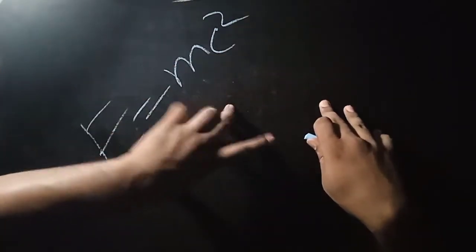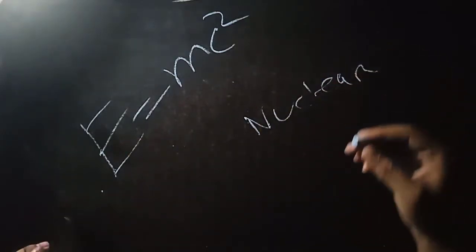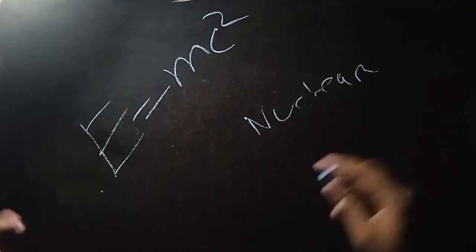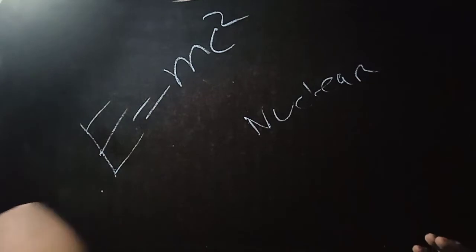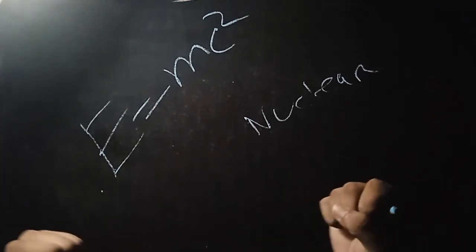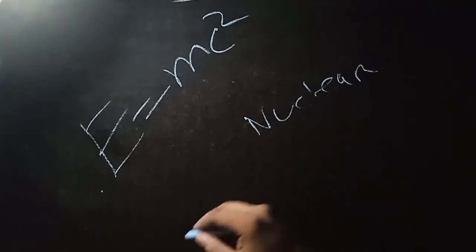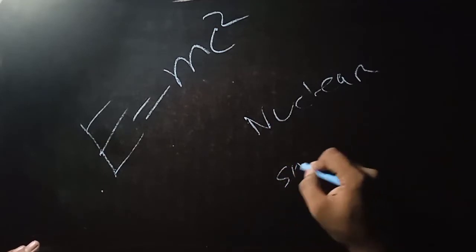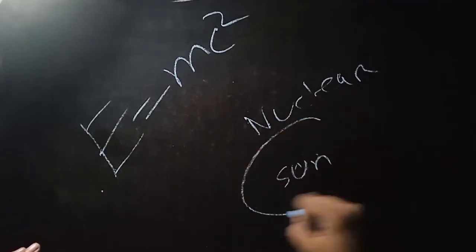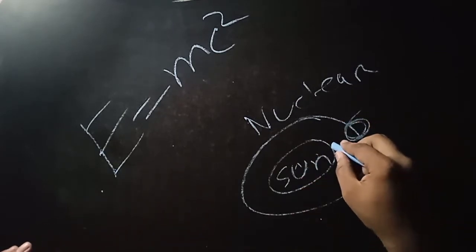This is mostly studied in nuclear physics, like how the different nucleons, the protons and neutrons, are held together in the nucleus. But this concept can be generalized to almost anything, like even the sun and earth system.